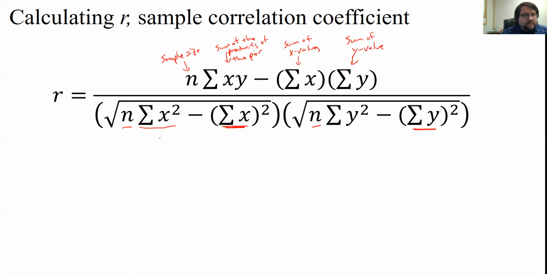And this is the sum of the squares of the X's. That's how I want to say it. Sum of the squares of the X's. Okay. And the same thing here. This is the sum of the squares of the Y's.